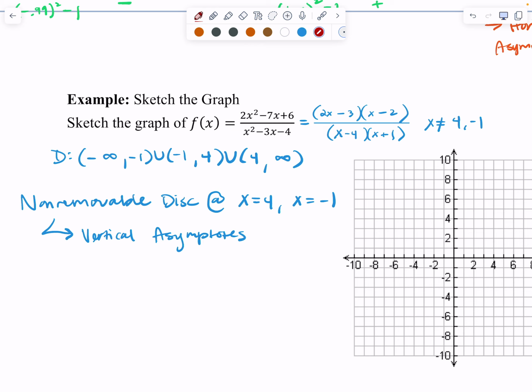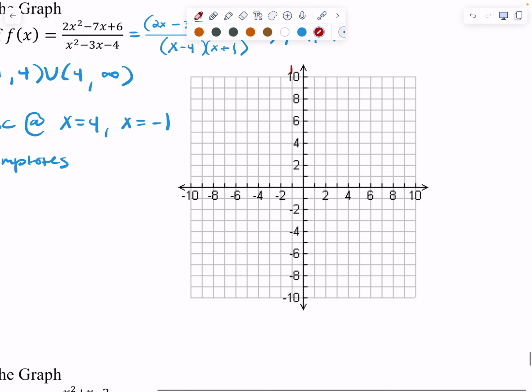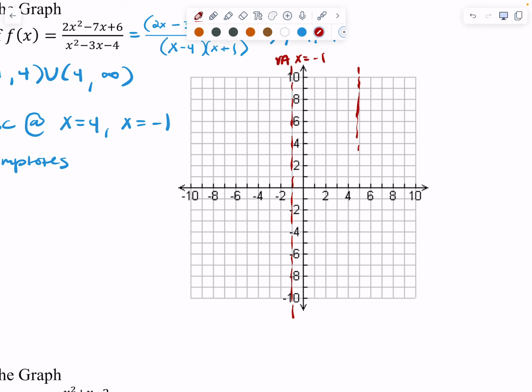Which we can sketch. Oops. A little bit off. Here we go.